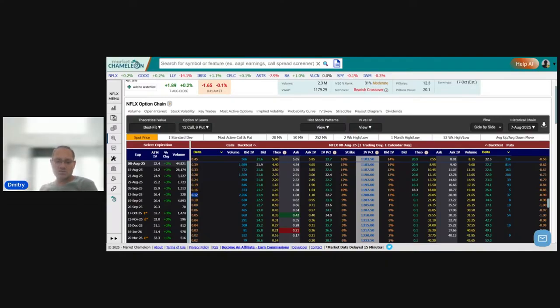If you start out at a delta of 12, and the stock moves up $1 and you have, let's say, 0.01 gamma, then your delta is going to go from 12 to 13. If it goes down a dollar, it'll go from 12 to 11. So that's what the gamma is letting us know: how is our delta going to change?